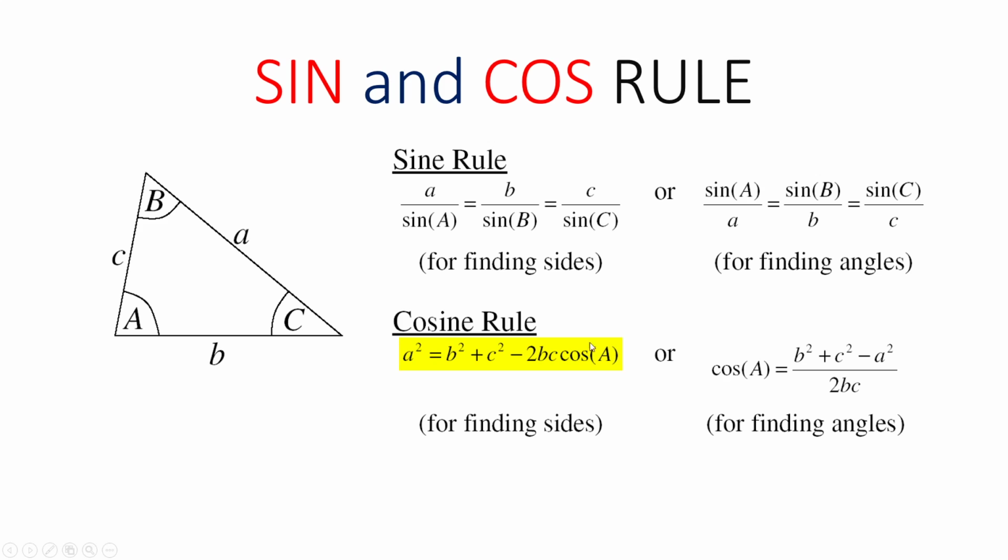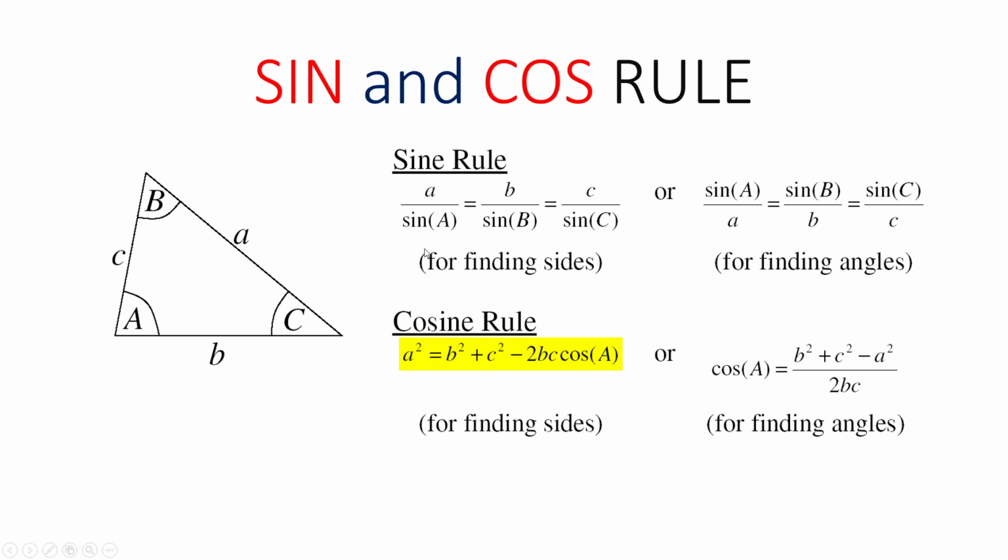So we make cosine the subject: the minus 2bc cosine A goes to the other side and a squared comes to this side, and you divide by 2bc. So the subject becomes cosine A.